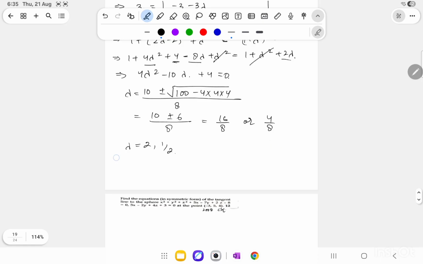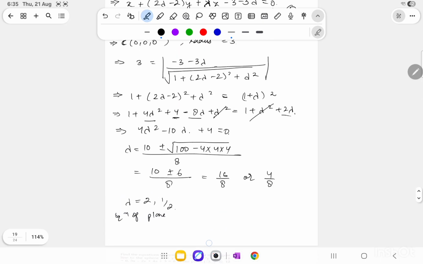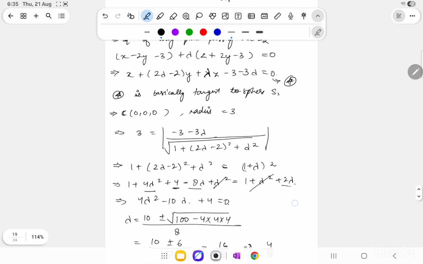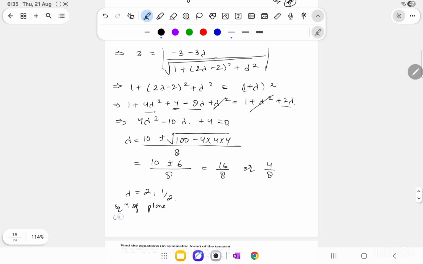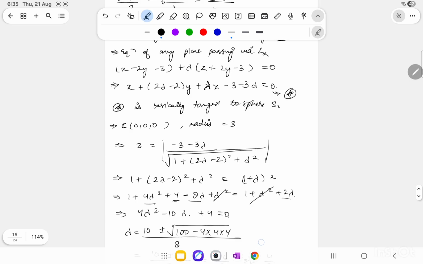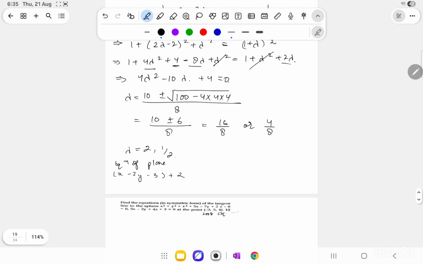So my required equations of plane are x minus 2y minus 3 plus 2 into (z plus 2y minus 3) equals 0 when my lambda equals 2, and x minus 2y minus 3 plus 1 by 2 into (z plus 2y minus 3) equals 0 when my lambda is 1 by 2.